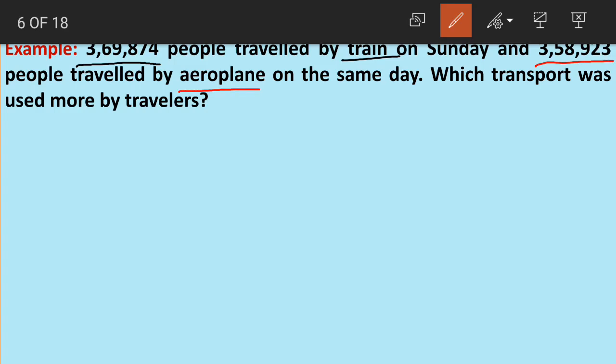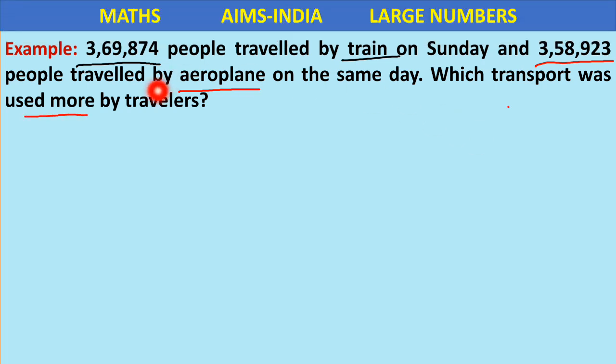Which transport was used more by travelers? Now we should find out which transport was used more. How do we find out that? We find out by comparing the number of people travelled in both the means of transport. First we should compare the number of people travelled by train with the number of people travelled by aeroplane.